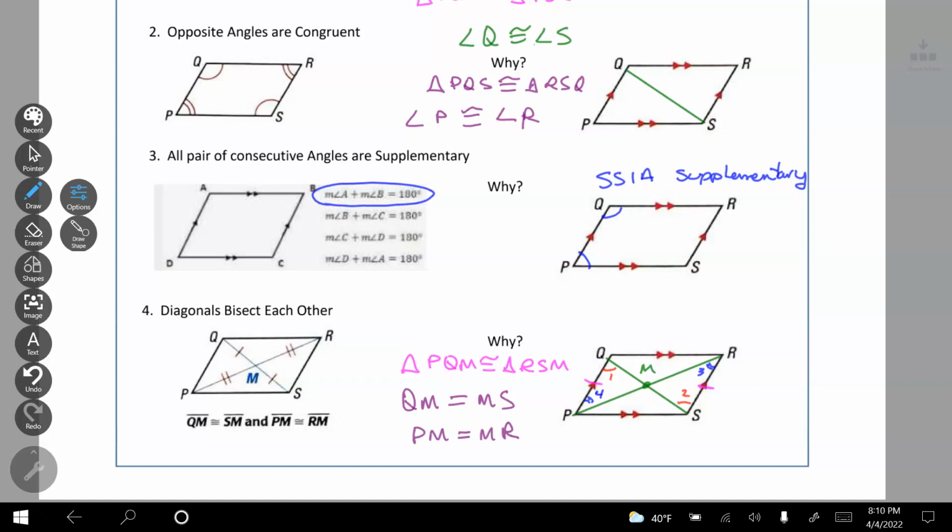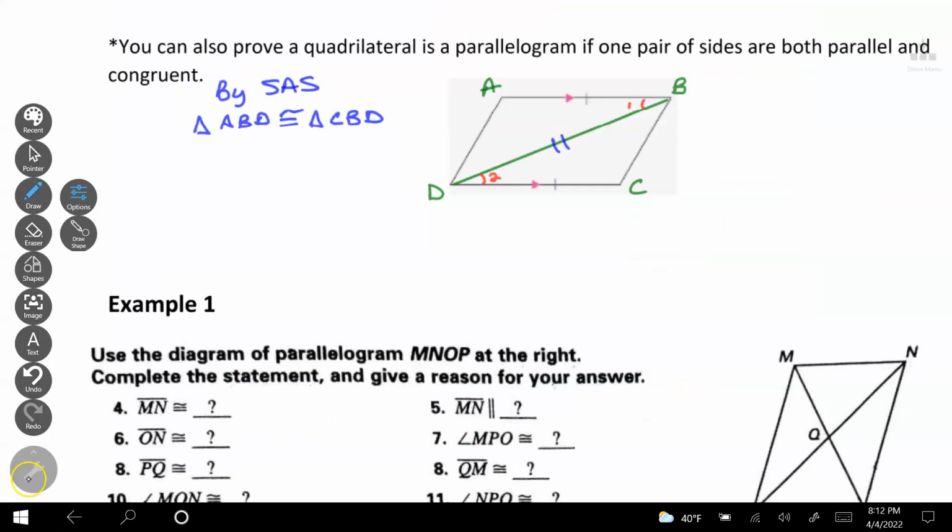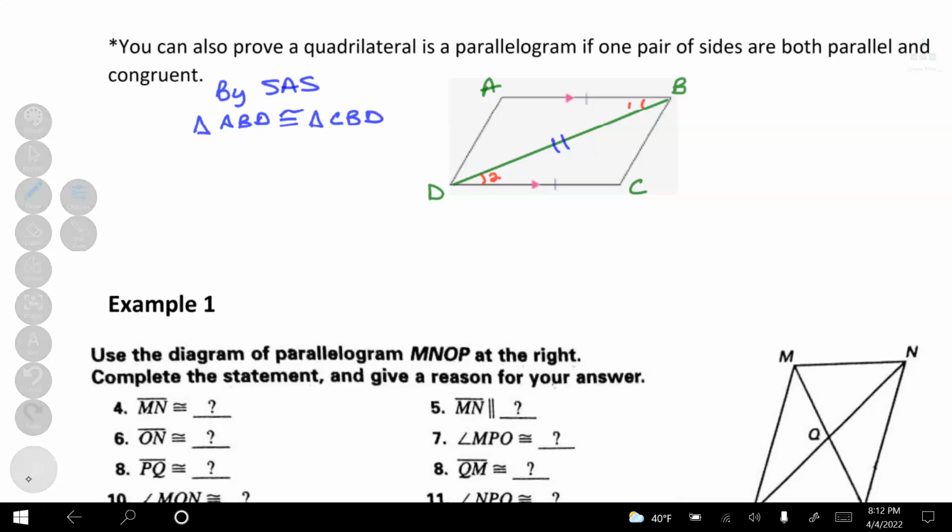And there we go. We're going to use these properties. I can also prove something is a parallelogram. I need all opposite sides congruent, all opposite sides parallel, or one pair of opposite sides congruent and parallel. So by side angle side, I do the diagonal.